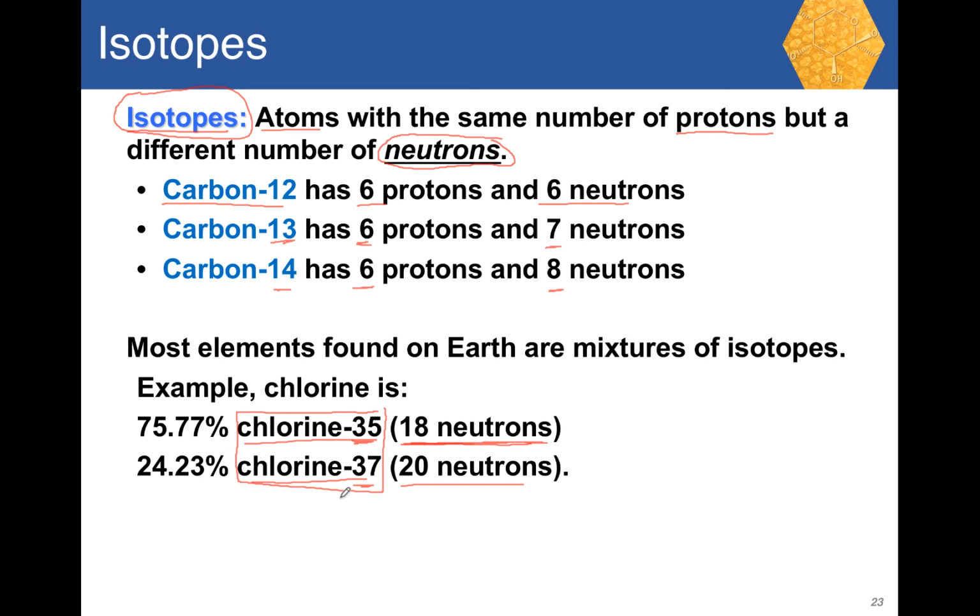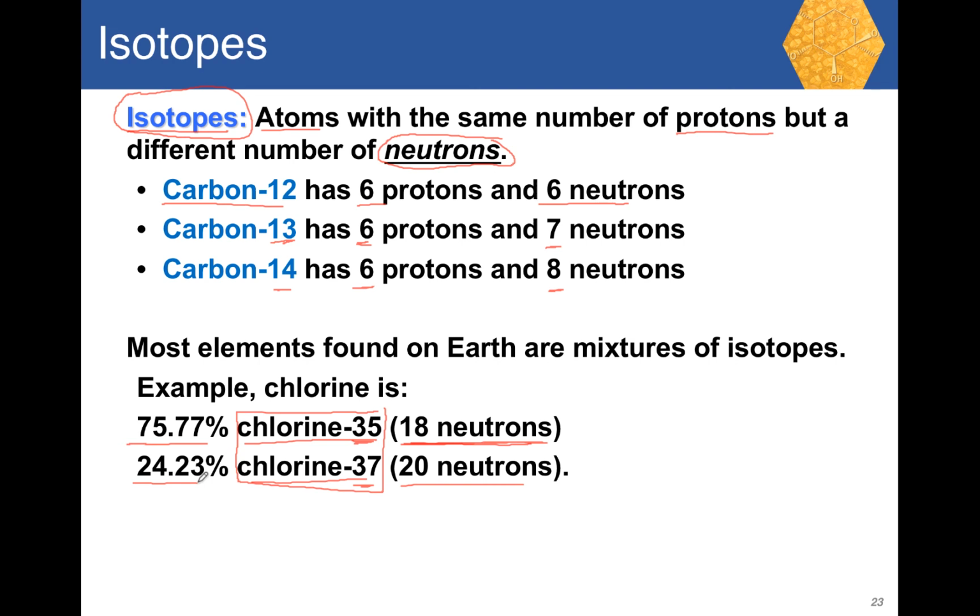In nature, they exist in this composition. You will find them in this mixture: 75.77% is chlorine 35 and 24.23% is chlorine 37.